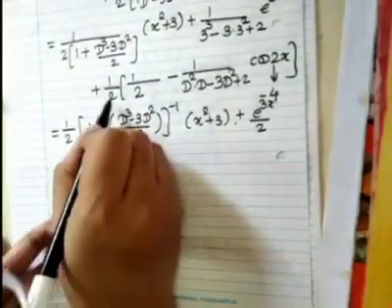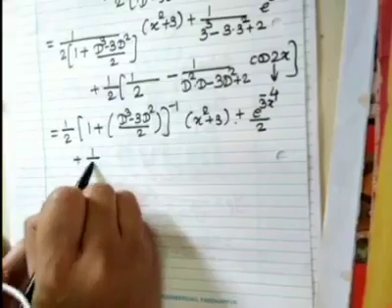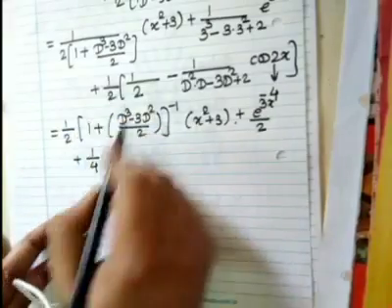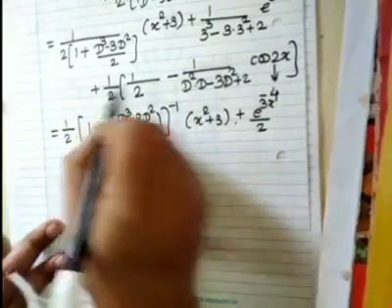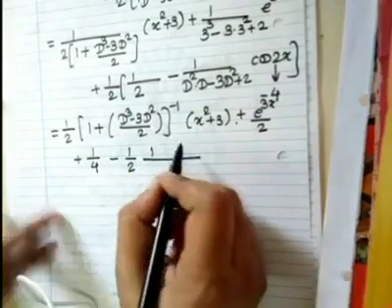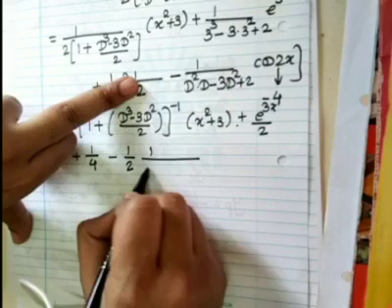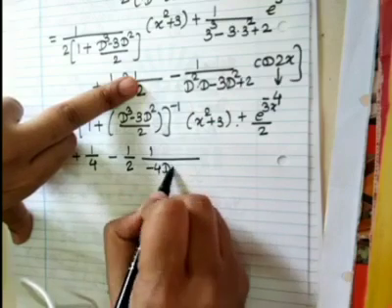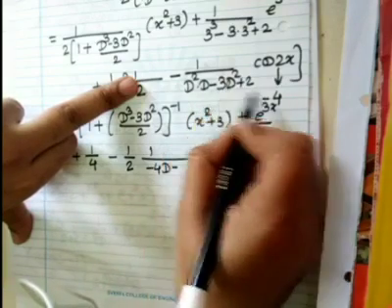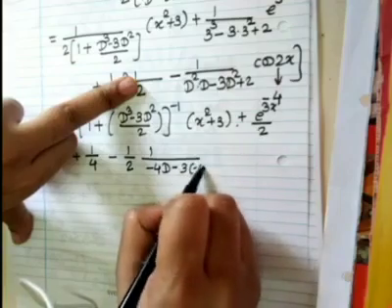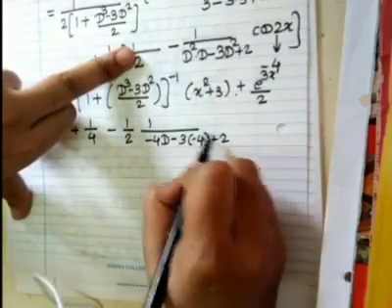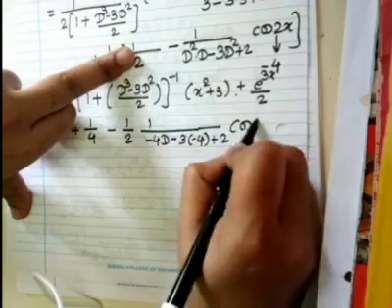Then I'll multiply this together, so it is 1 by 4. This is also finished. Then minus 1/2 into 1 upon, that half I have given here, D square, here we have to put minus 4. So it is minus 4D minus 3 into minus 4 plus 2 into cos 2x.